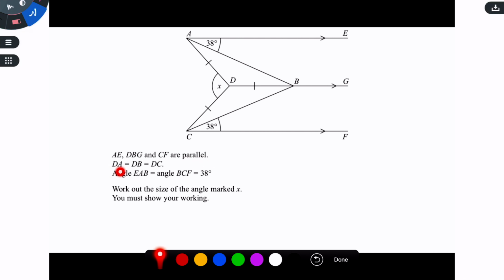DA, DB, DC, as you can see, are all equal. Okay, so they're all straight lines from a point. Angle EAB is equal to angle BCF is equal to 38 degrees. Work out the size of the angle marked X. You must show your working.